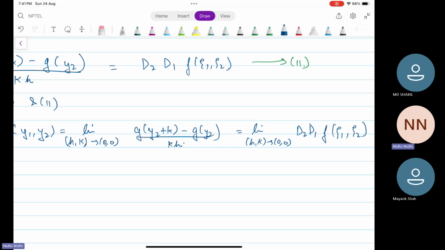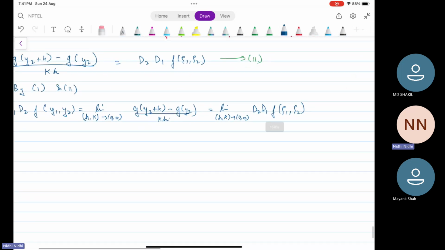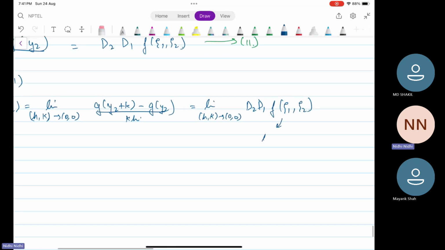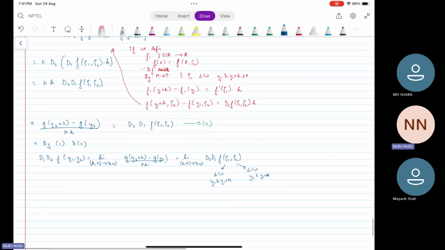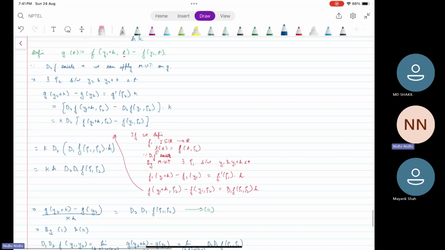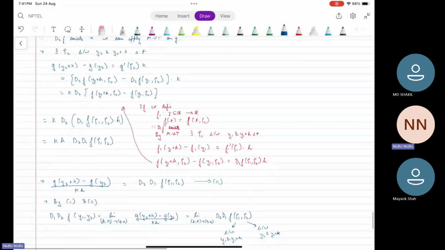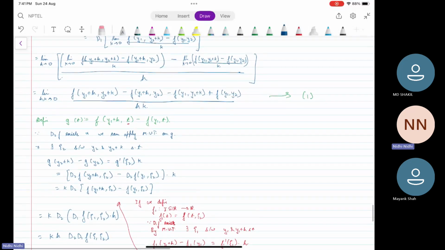Now we know that this zeta 1 is lying between y1 and y1 plus h, and this zeta 2 is lying between y2 and y2 plus k. Taking h and k tending to 0, zeta 1 and zeta 2 go to y1 and y2.